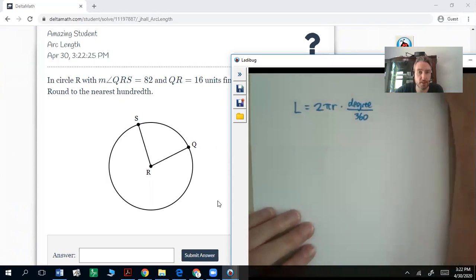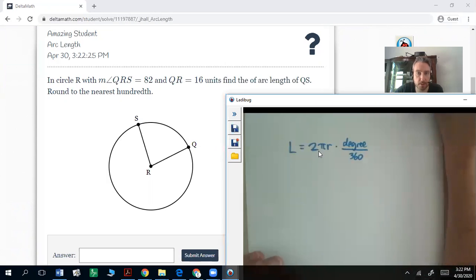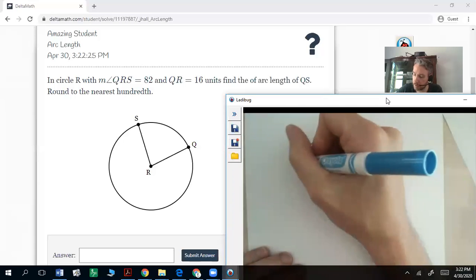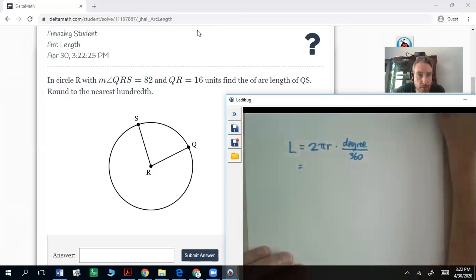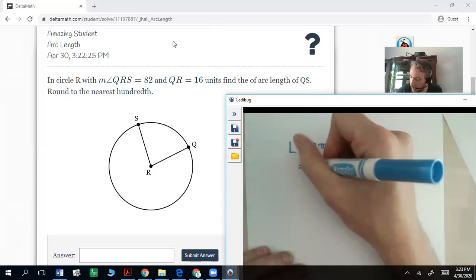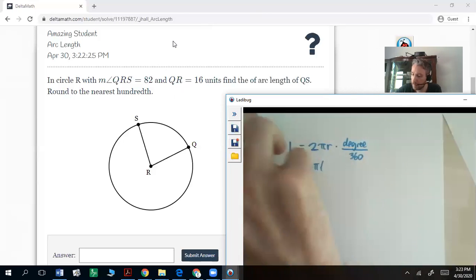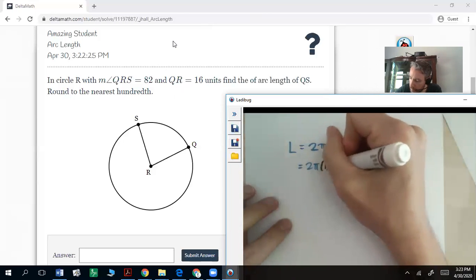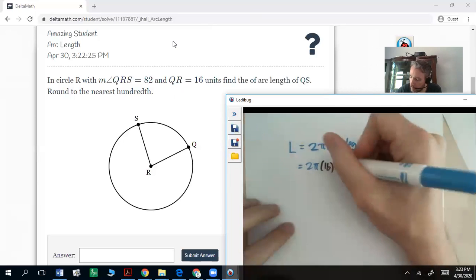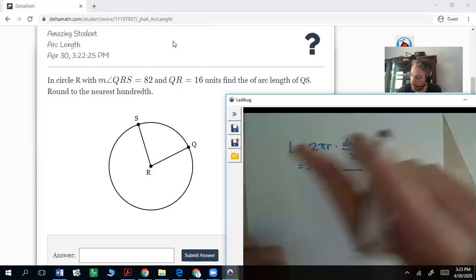So we're going to be given the radius and the degree again, but we're going to use this formula. And it says round to the nearest hundredth one more time. Your radius is 16 units, and your central angle is 82. So 2 pi times 16 times 82 over 360.